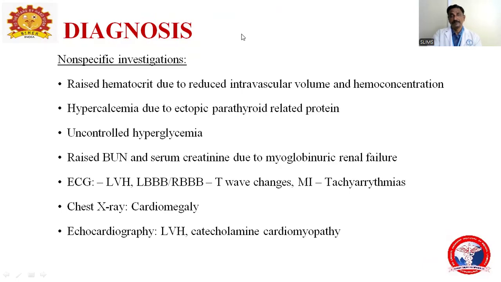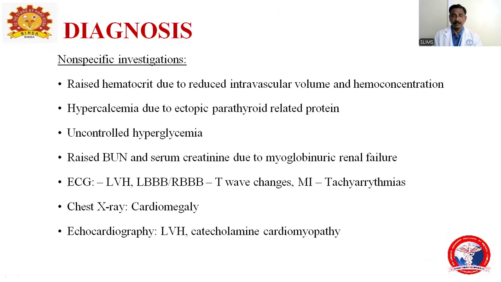Diagnosis of pheochromocytoma. Non-specific investigations: raised hematocrit due to reduced intravascular volume and hemoconcentration. Hyperglycemia, due to ectopic parathyroid-related proteins, uncontrolled hyperglycemia, raised blood urea nitrogen and serum creatinine due to myoglobinuric renal failure.